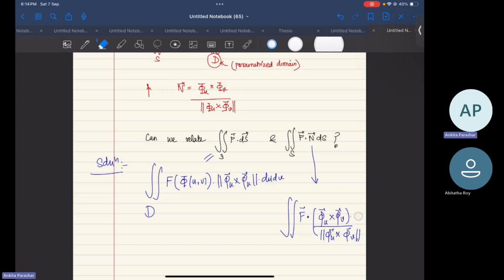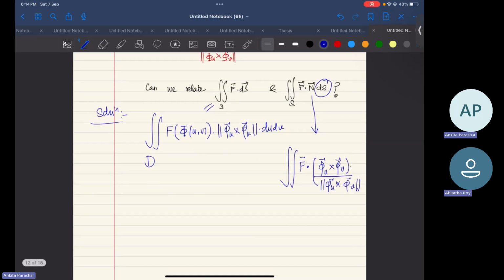Sorry, dS has a certain meaning, right? That is nothing but the norm of phi_u cross phi_v times du dv.